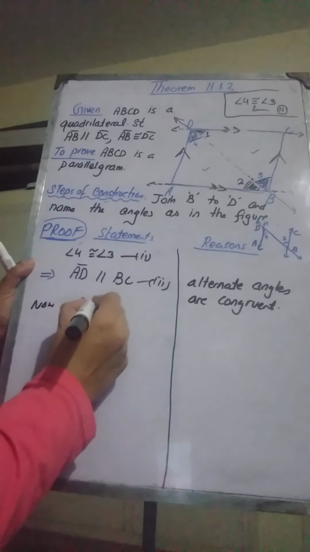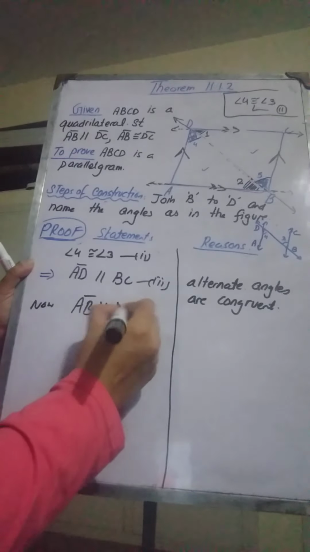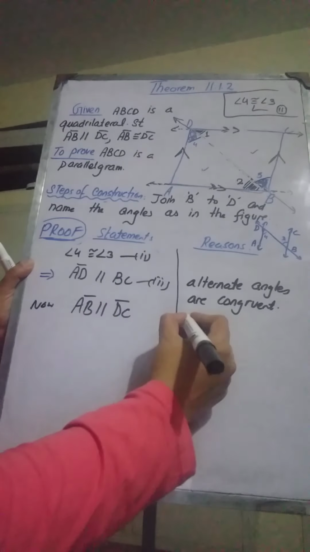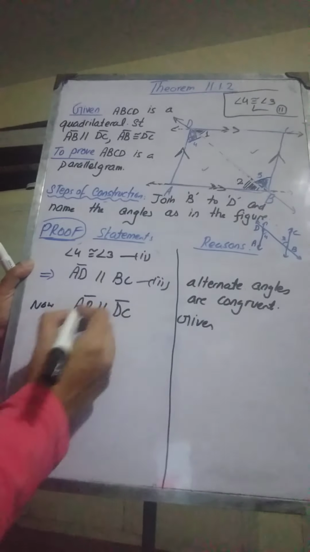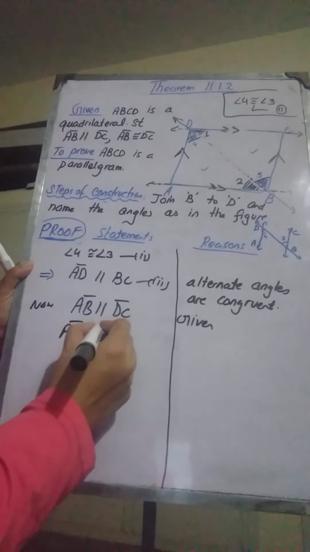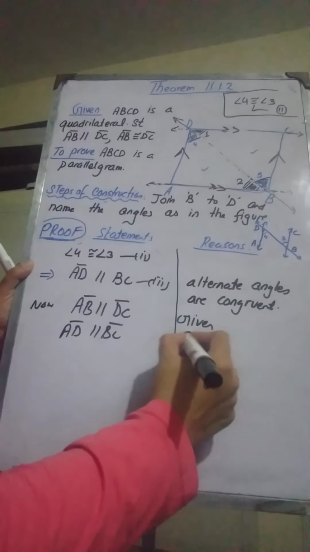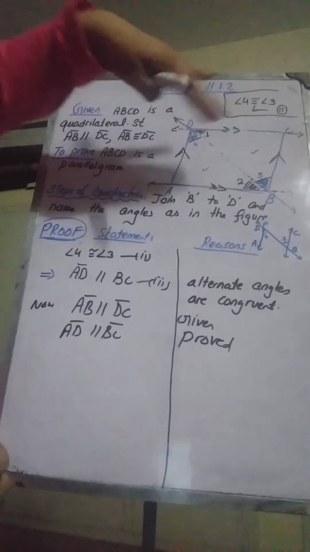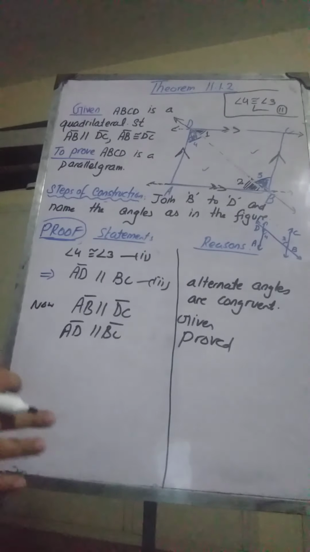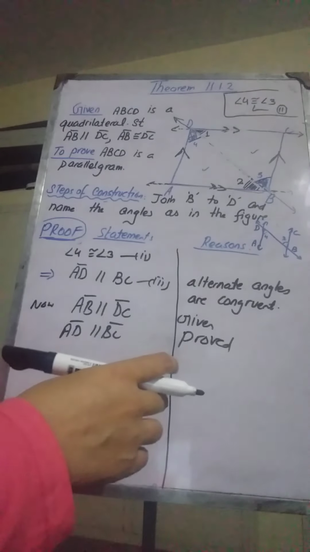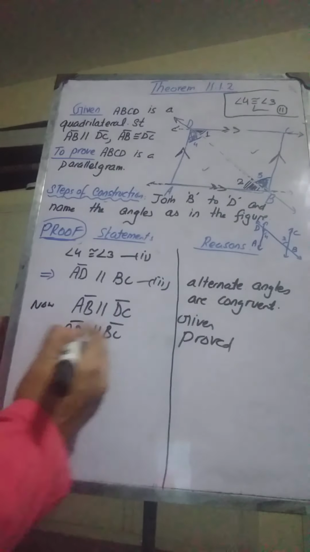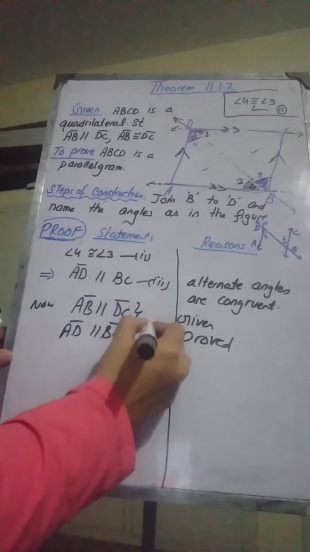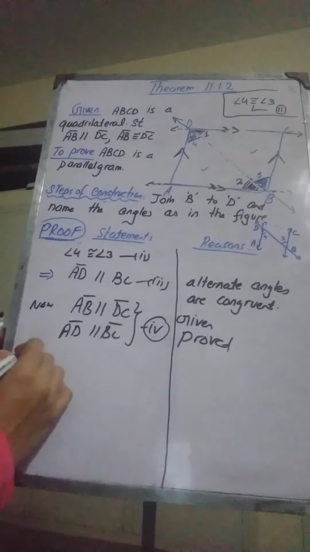Now AB is parallel to DC, this was given to us, and AD is parallel to BC, this we have proved. So this is a quadrilateral whose opposite sides are parallel. Any quadrilateral whose opposite sides are parallel is called a parallelogram. Therefore we can say, name it as 4.